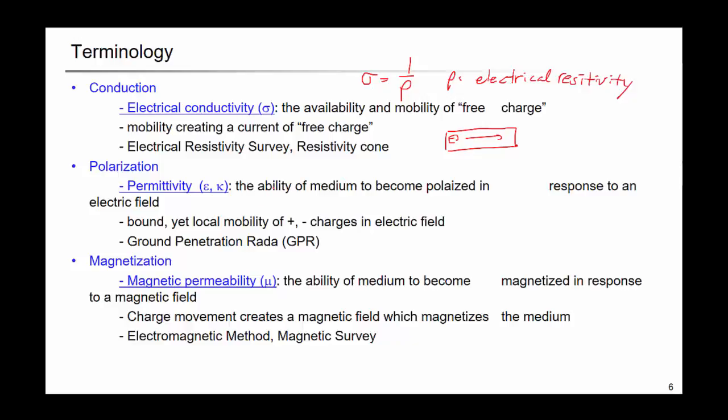And polarization can be expressed as the parameter called permittivity. This permittivity shows the polarizability of the material. When you have an insulator or dielectric material, it doesn't conduct electrical current, for example water or maybe a gas.